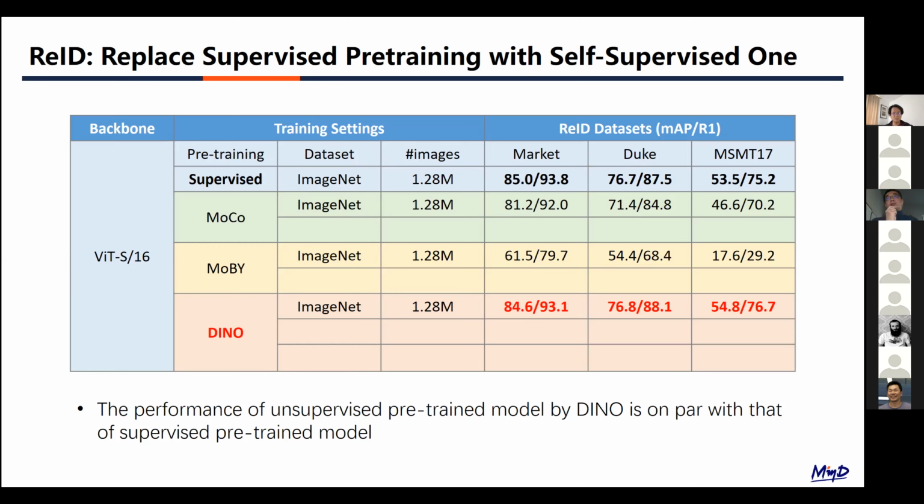But I would like to emphasize that this is just an empirical result, particularly for ReID, and not necessarily generalizable to other domains. One thing that's very encouraging is that even with the unsupervised pre-training model, Dino is able to achieve similar performance as the supervised method in the table.